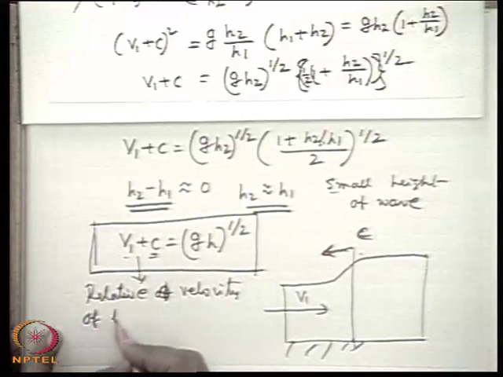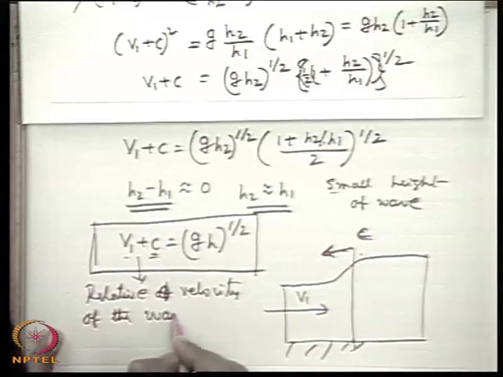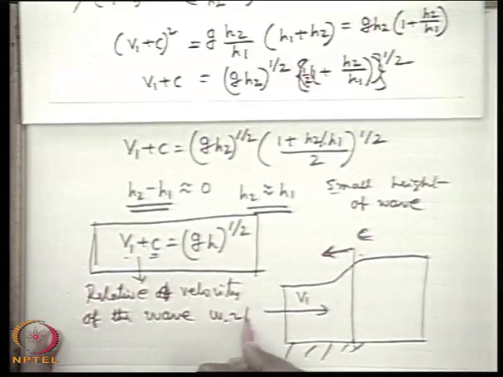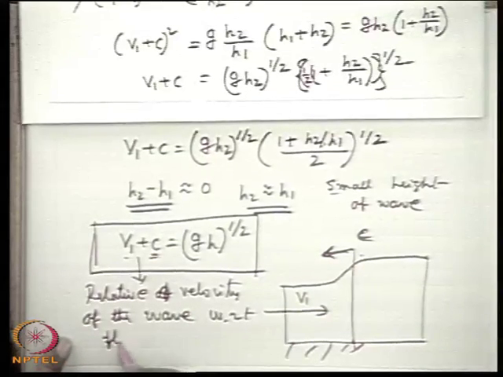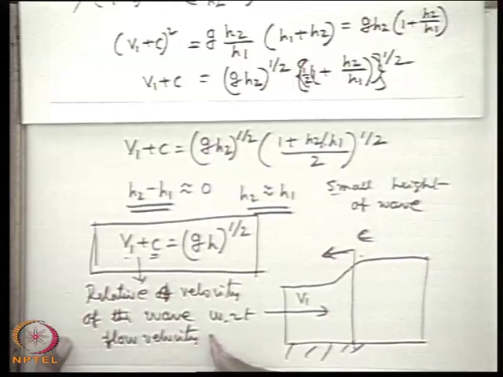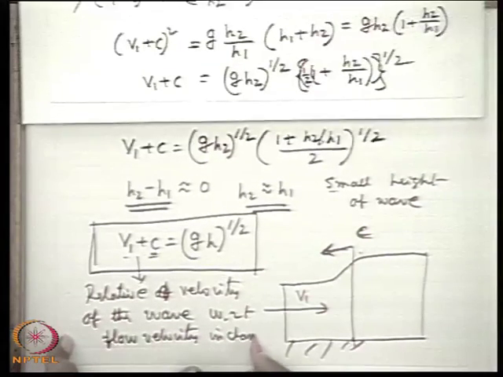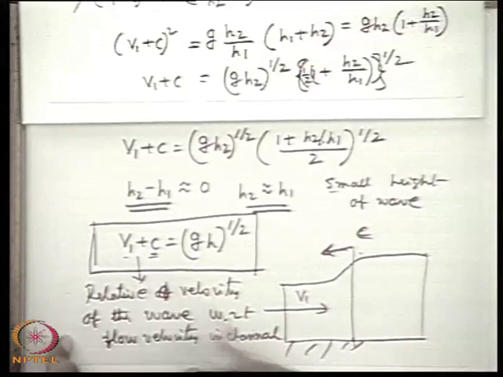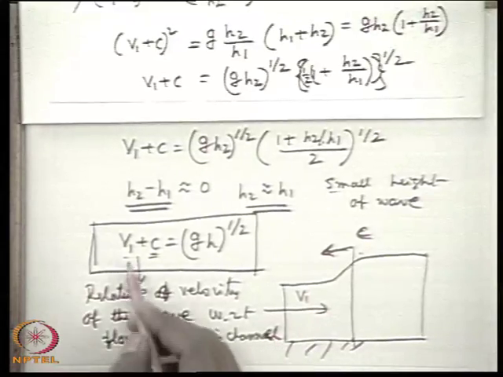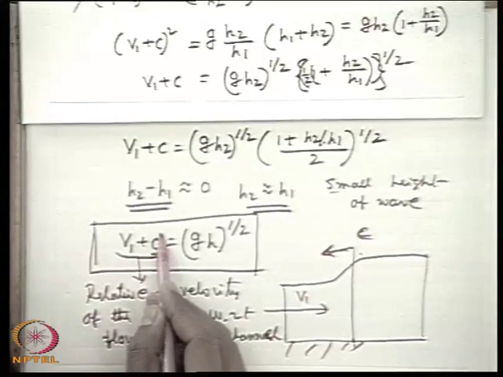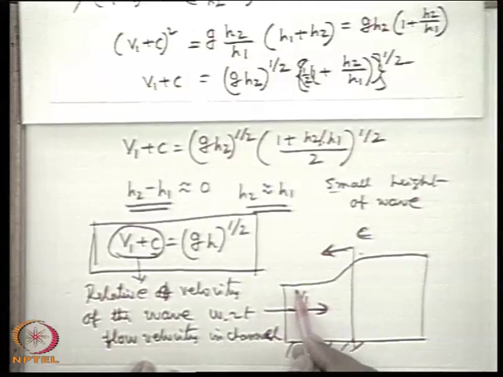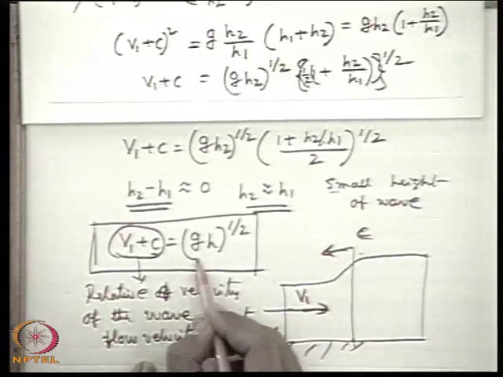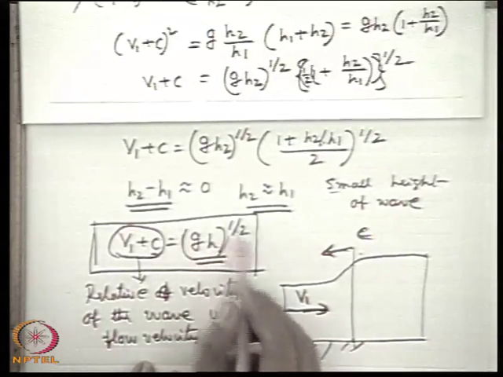of the wave with respect to channel velocity, with respect to flow velocity in the channel. That means this V1 plus C is the velocity of the wave relative to the velocity of the fluid in the channel, which is equal to GH to the power half.